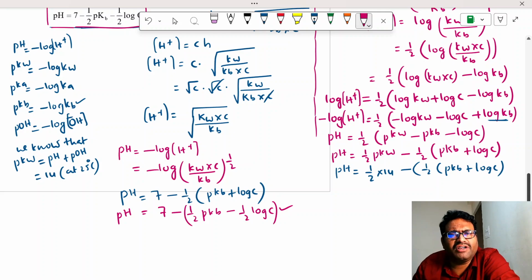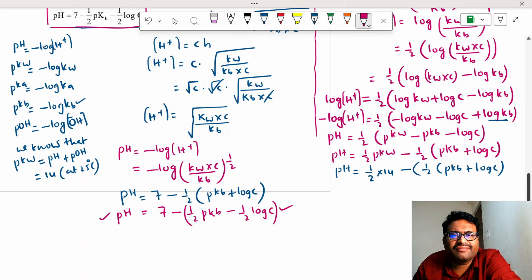Its pH will automatically be less than 7. See here, pH is equal to 7 minus something. 7 minus something will give you less than 7. Have you got it?